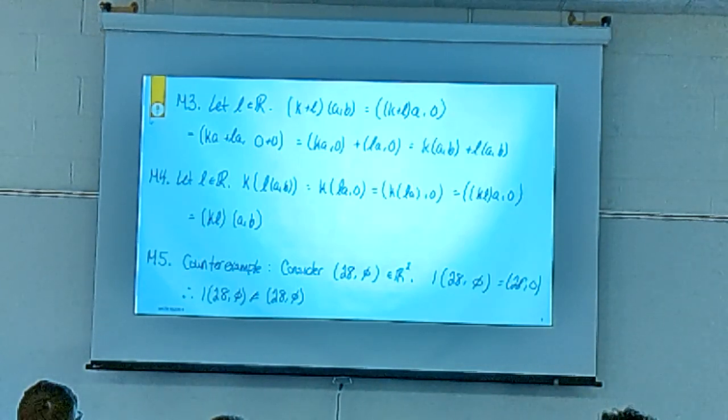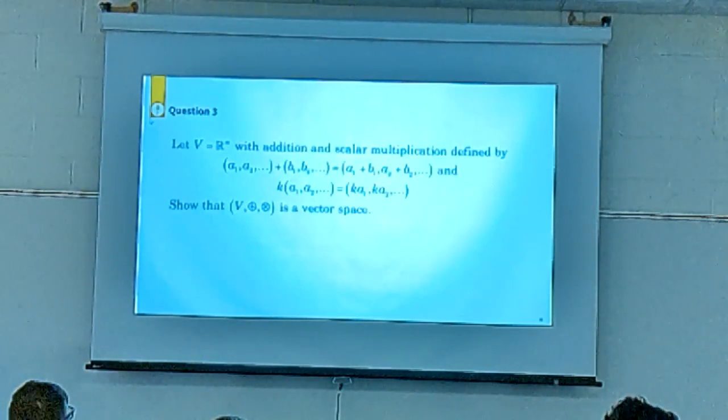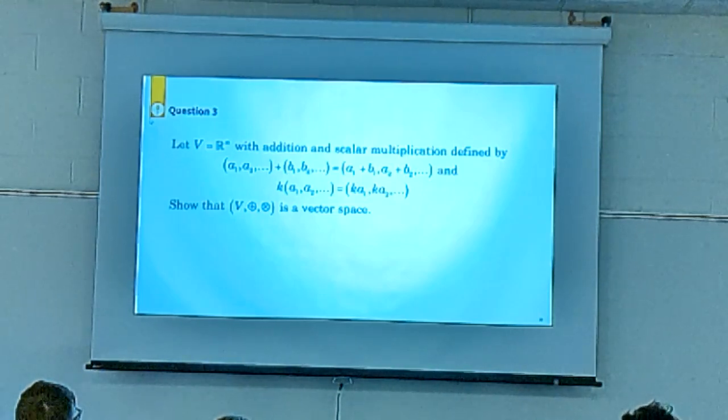Like here? So I did have two other problems that we're clearly not going to have time to get to because these are really tedious to prove. So this is the idea of the infinite vector.